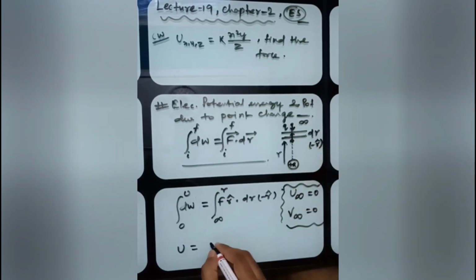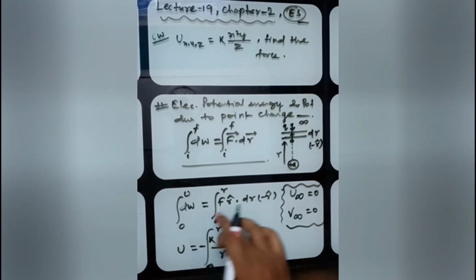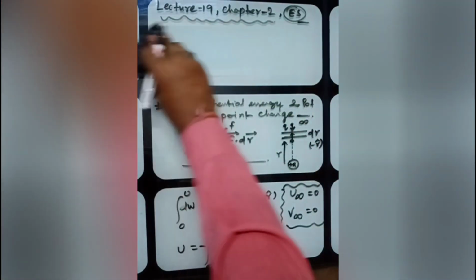Using Coulomb's law, we can write K Q1 Q2 by R square into dr, and we are using the minus sign because we are coming from infinity to R. I don't think this is very difficult. You can do the calculation by yourself, student.